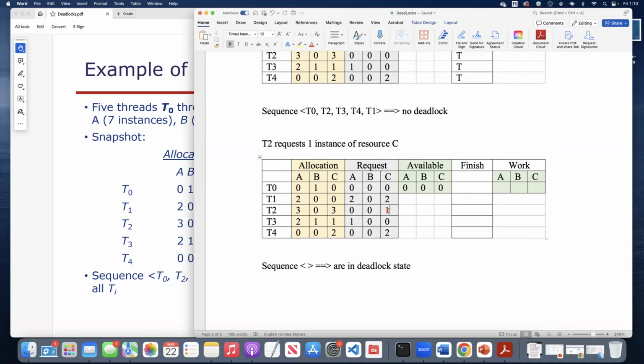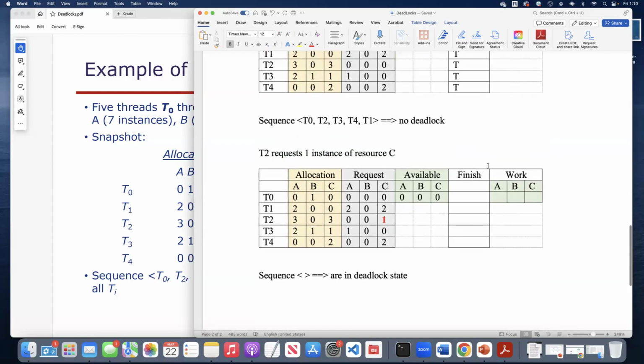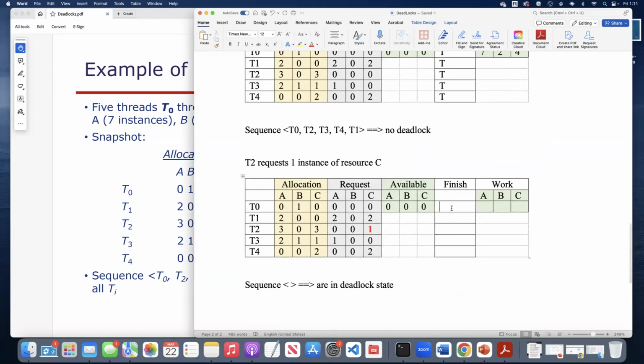Now let's see if there is a deadlock. Now first step, we initialize finish false, false, false, false, false. And we initialize work vector.